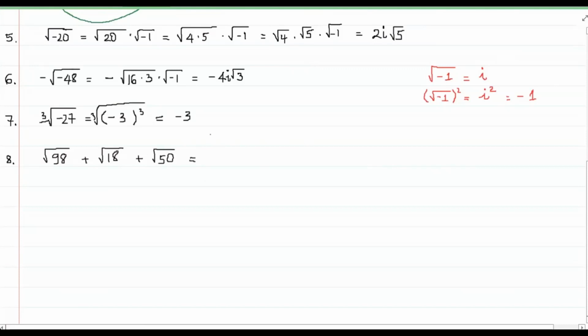And that equals 2. So how do we break it down?